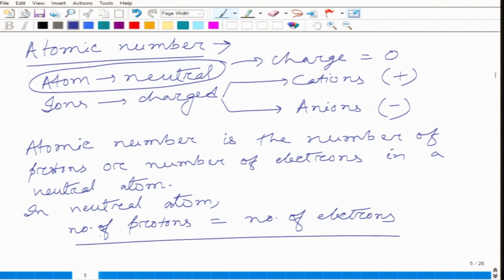Cations are formed when an electron is taken out from an atom, and anions are formed when an atom accepts an electron.